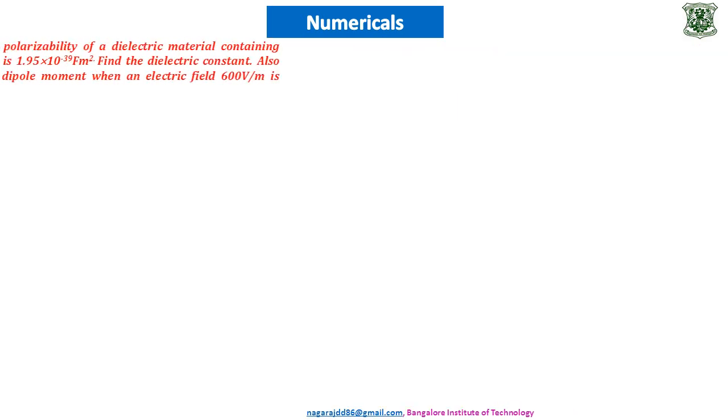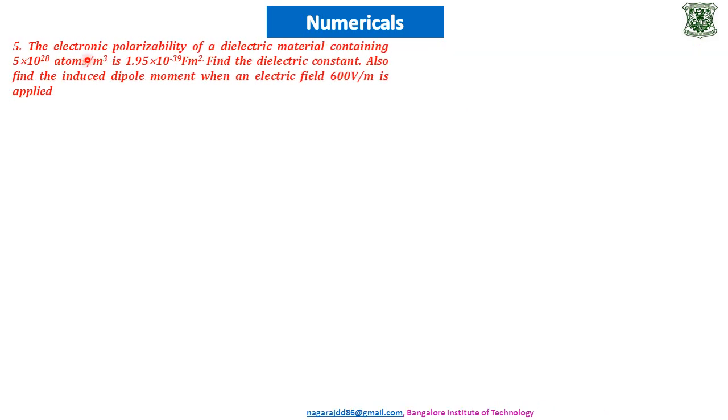Here is the next question. The electronic polarizability of a dielectric material containing 5 into 10 power 28 atoms per meter cube is 1.95 into 10 power minus 13 farad meter square. Find the dielectric constant. Also, find the induced dipole moment when electric field of 600 volt per meter is applied.